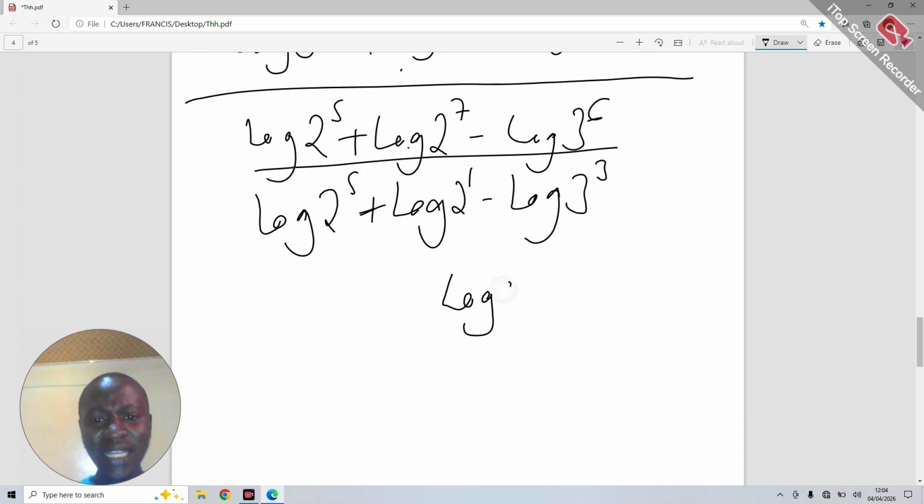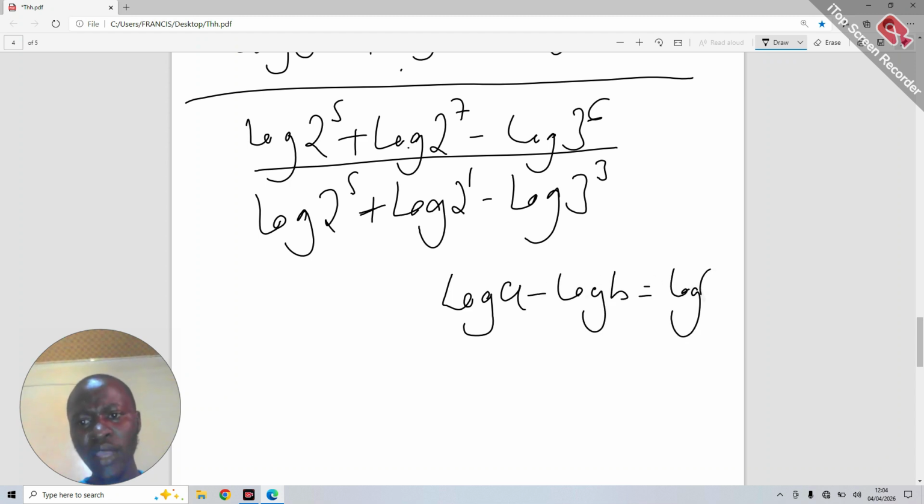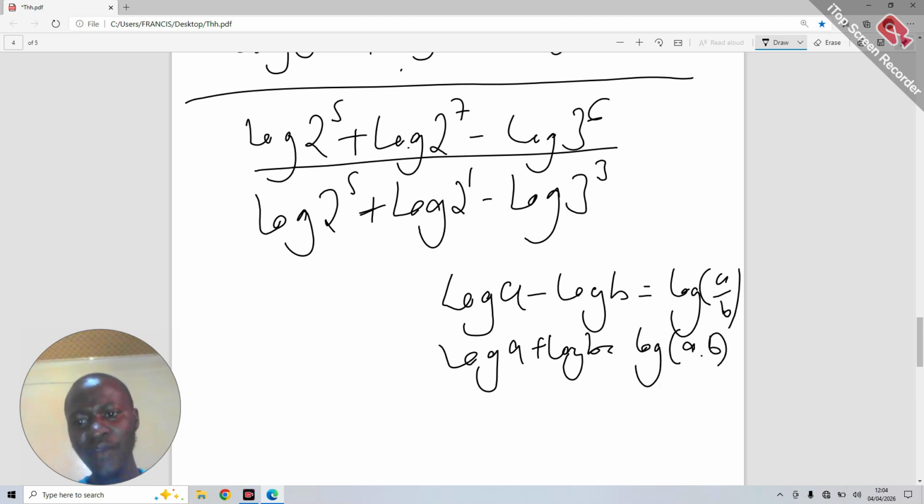We only have something like this: log A minus log B is equal to log A over B. Log A plus log B is equal to log AB.